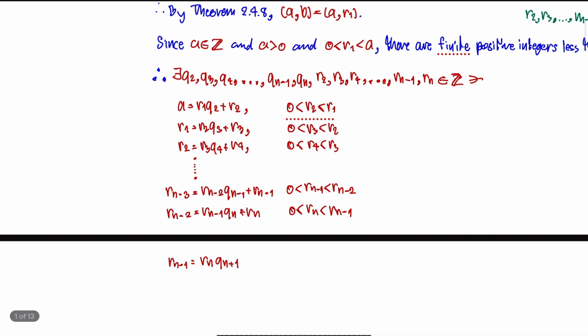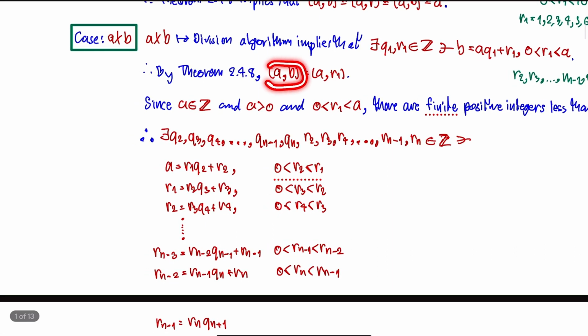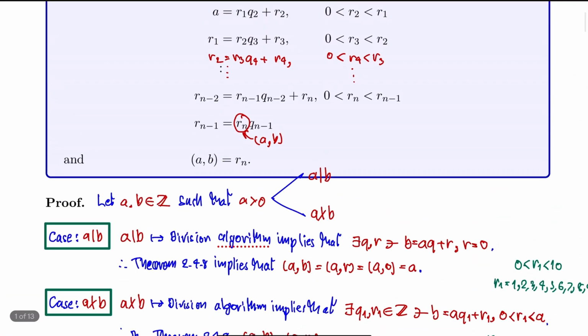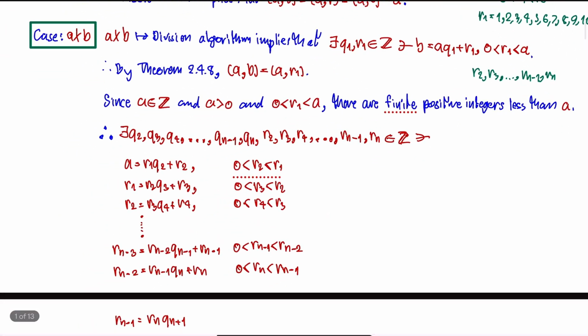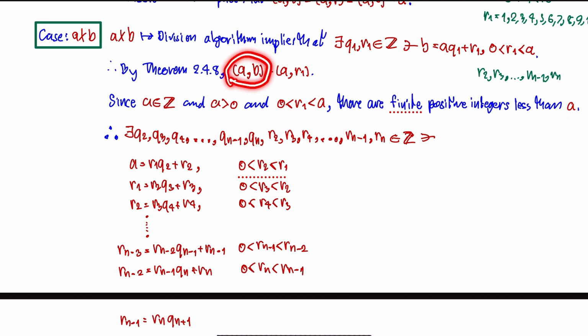And what can we do next? How can we show that this Rn is the greatest divisor of A and B? So we use this theorem again. Okay? So now, we have the greatest common divisor of A and B equal the greatest common divisor of A and R1. R1 is the remainder of B when B is divided by A. So what does this equation tell you?